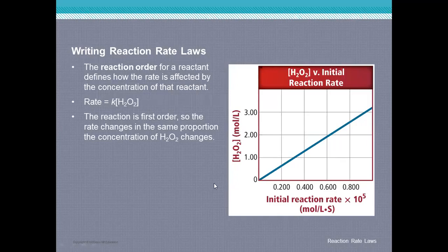This is the initial reaction rate, measured in mole per liter per second, and this is the H2O2 concentration, in mole per liter.